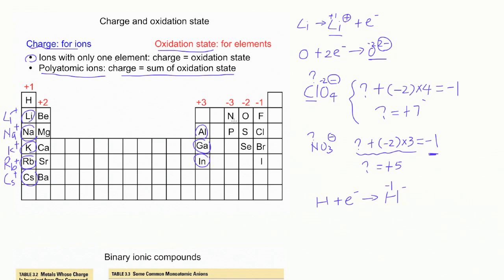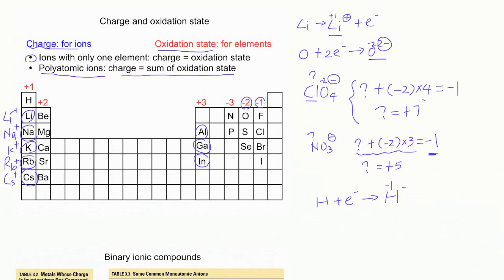Nitrogen and phosphorus get 3 electrons from other elements, so the most common oxidation state is negative 3. For oxygen, sulfur, and selenium, they get 2 electrons from other elements, so the most common oxidation state is negative 2. For halogens, fluorine, chlorine, bromine, and iodine, they get 1 electron from other elements, so the most common oxidation state is negative 1.